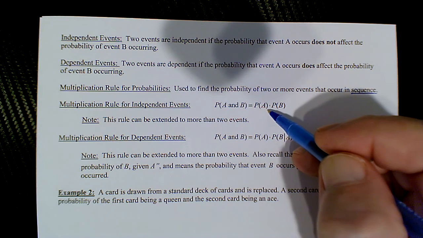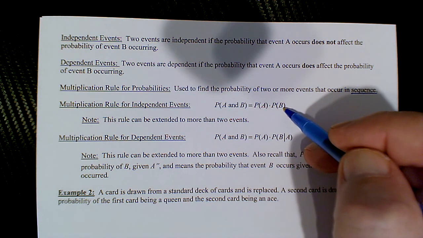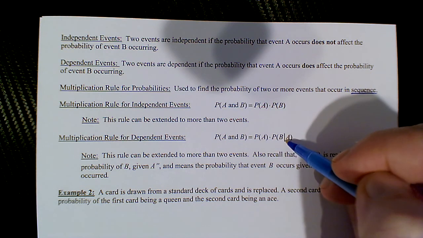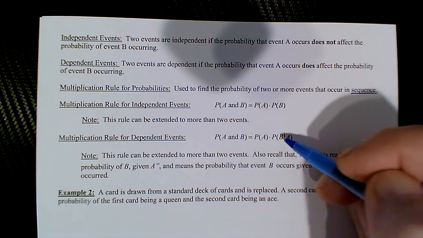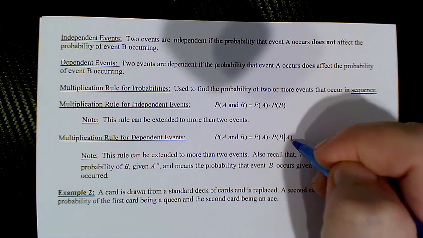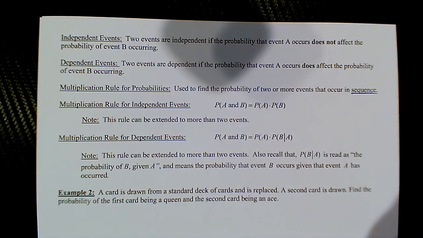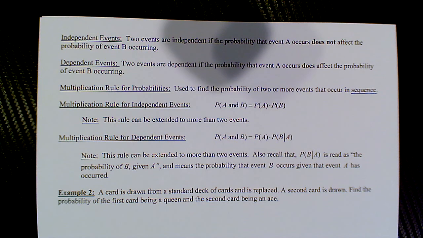For independent, just the probability of A times the probability of B. For dependent, we're going to use the conditional probability. First, the probability that A occurred, but then multiplied by the probability of B occurring, given that A has occurred. So we're assuming that A has occurred. And you could extend this to more than two events.